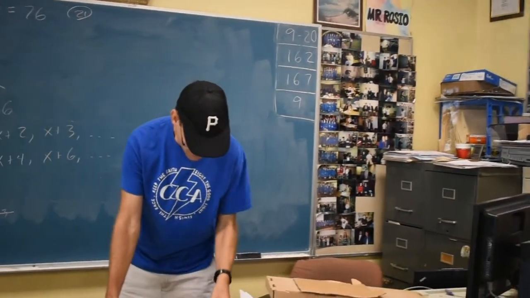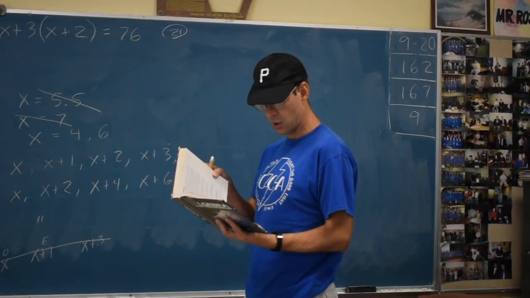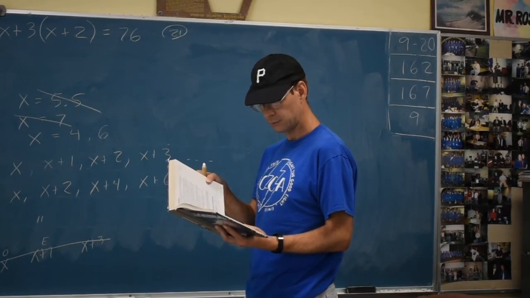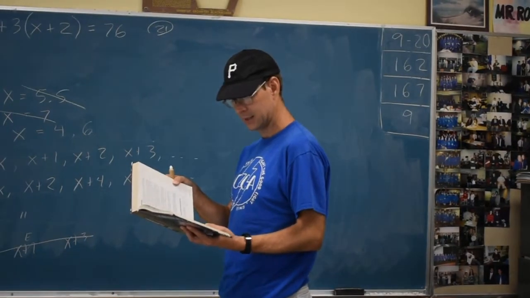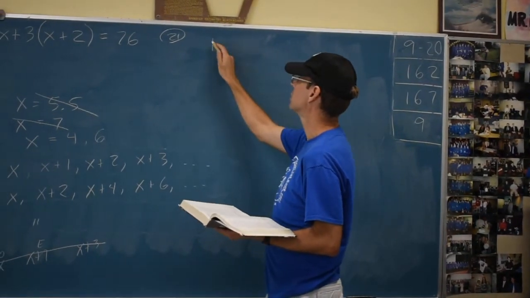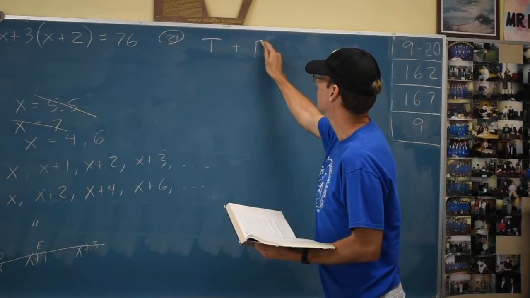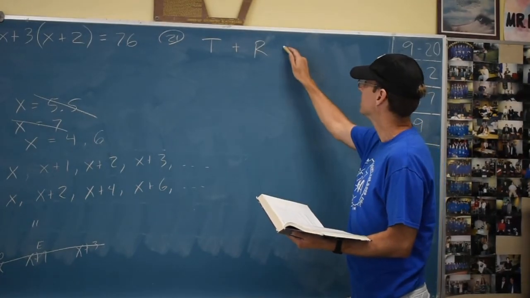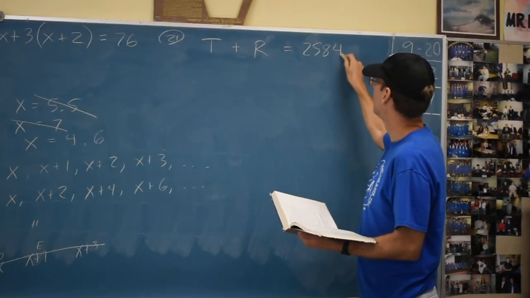So for 21, it says here to start with, the tuition cost plus the room and board cost at some school is $25.84. So what I would do is just start off making an equation from that sentence. They're talking about the tuition cost, I'll do T for tuition, plus the room and board cost, I'll do R for the room and board, is, so equals, $25.84.